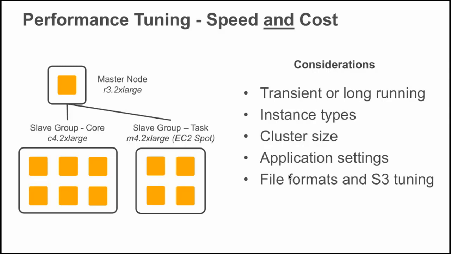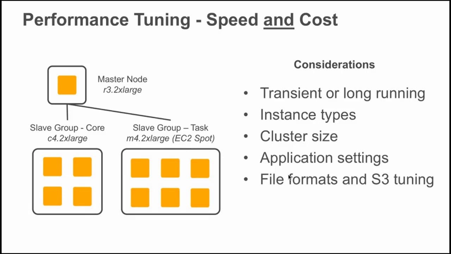So if your cluster is longer running, perhaps you want to have a heavier emphasis on reserved instances or on demand. If your cluster is a bit more transient, then you could flip that and use a larger group of Spot instances for the slave group or the task nodes, for example.